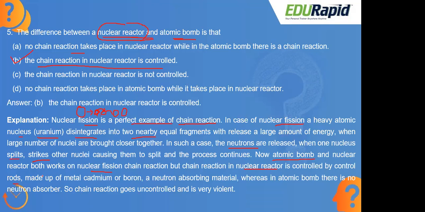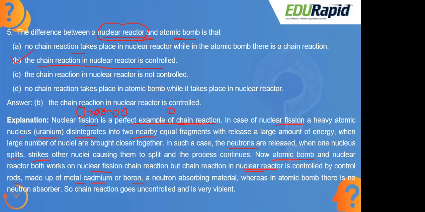A nuclear reactor is a machine where control rods are present, and these control rods are made out of metals such as cadmium or boron. These control rods are present only in the nuclear reactor, and they control the chain reaction.